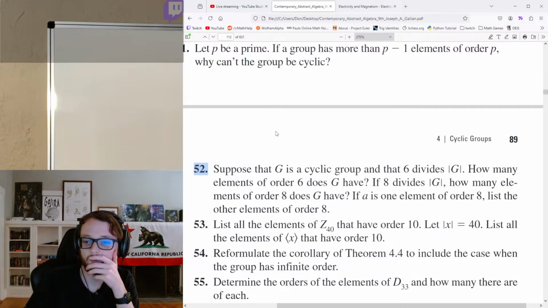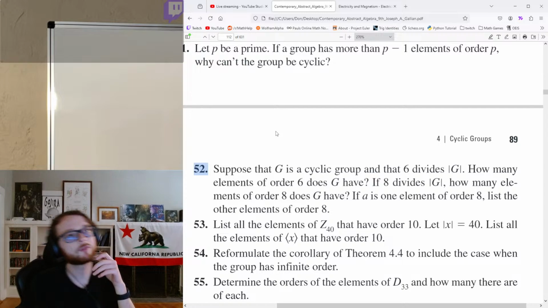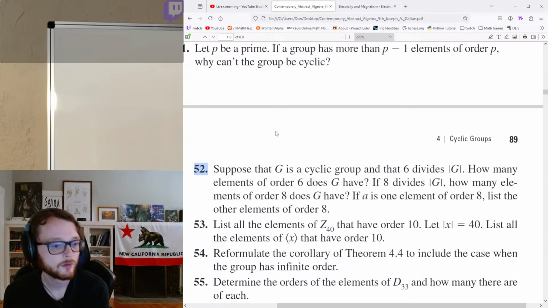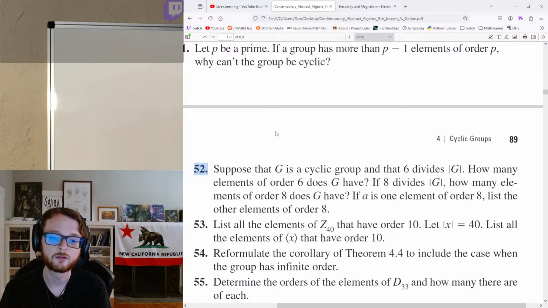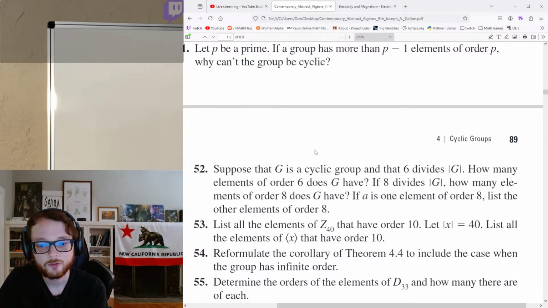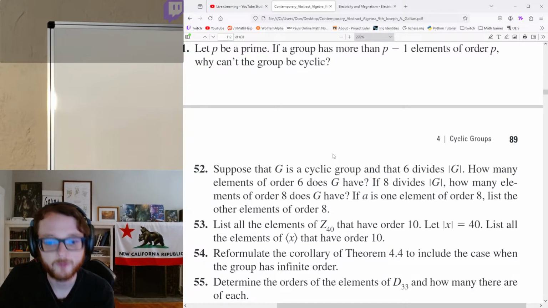Like, we don't care that 6 divides G, do we? If 6 divides the order of G, I thought we don't care about the order of G. We can just say that we know it's a finite cyclic group.